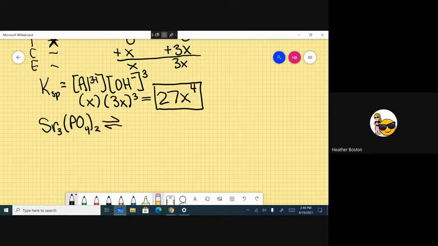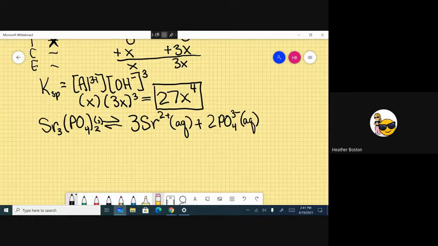So it's going to dissolve a little bit into 3 strontiums and 2 phosphate ions. I'm going to do the ICE chart for each of these, and we'll get 3 cations and 2 anions for every 1 or x pieces that we dissolve.